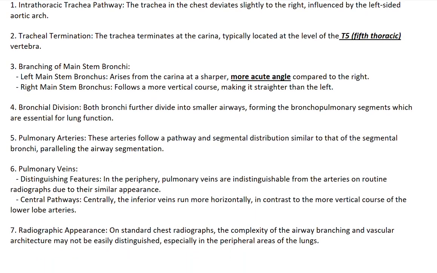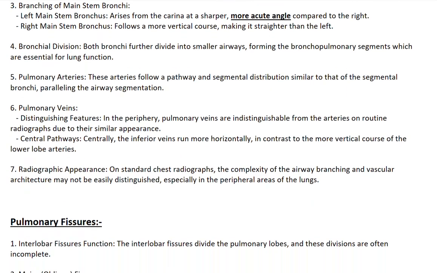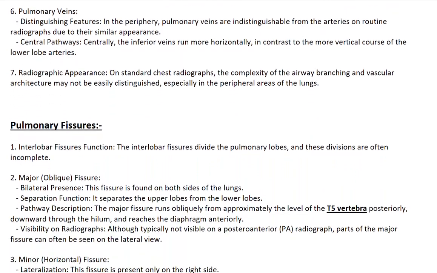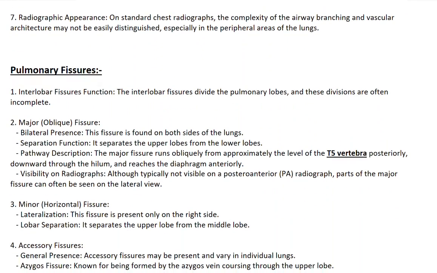On standard chest radiographs, the complexity of the airway branching and vascular architecture may not be easily distinguished, especially in the peripheral areas of the lungs. This structured description outlines the anatomical features and spatial orientation of the trachea, bronchi, pulmonary arteries, and veins, providing a fundamental understanding necessary for assessing and diagnosing various thoracic conditions.